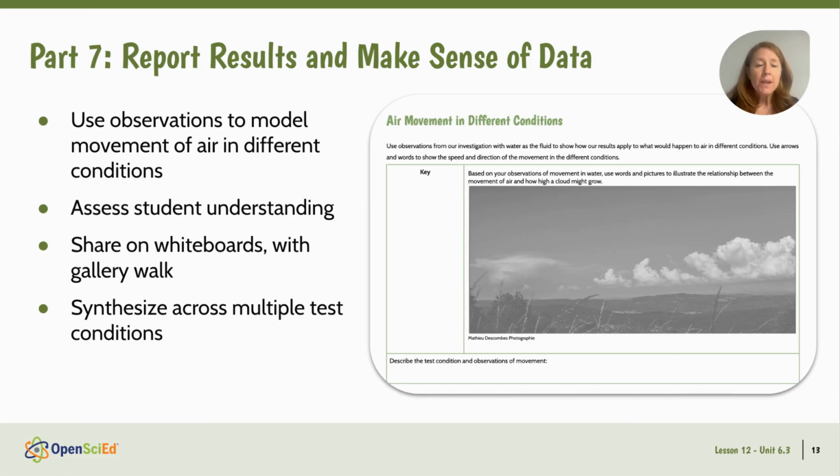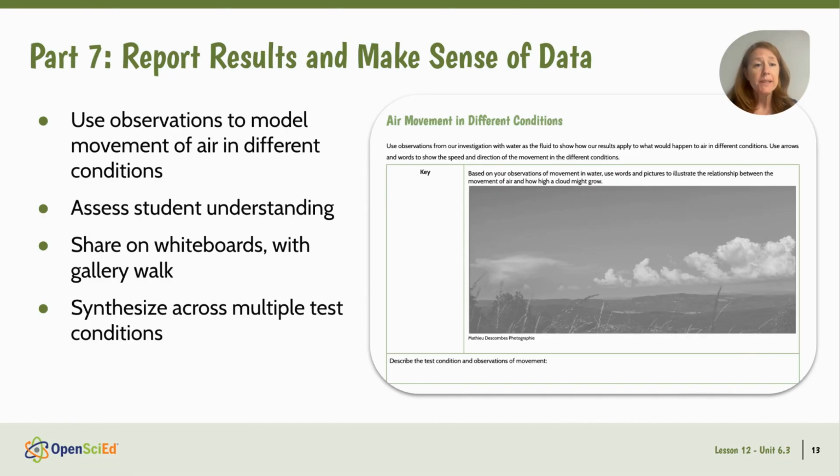On day two, after the students have conducted their investigation, in part 7, the students are going to report out the results with their group and make sense of the data. And to do this, they're actually going to model the movement of air in their condition. So we'll give them this handout or this model to draw what they noticed, but now putting it on top of a real world screenshot of air.